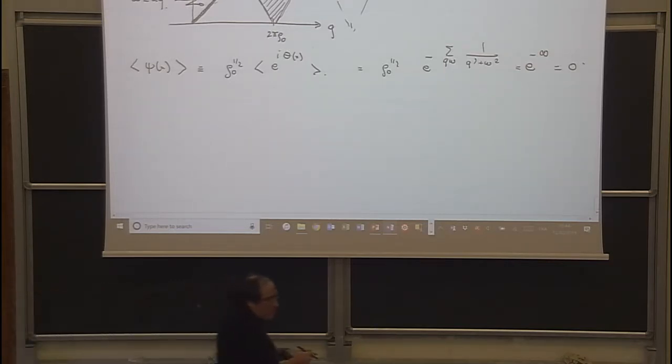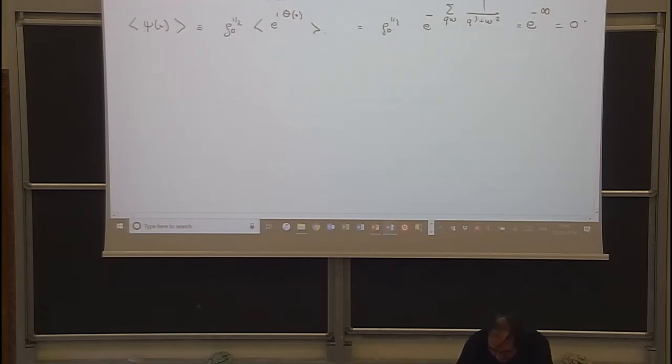But I can compute the correlation function. So if I compute the correlation function psi of x and tau, psi dagger of 0, 0, I will just write the first harmonic. So the first harmonic is proportional to rho 0 times the exponential of I theta of x and tau, exponential of minus I theta 0, 0.